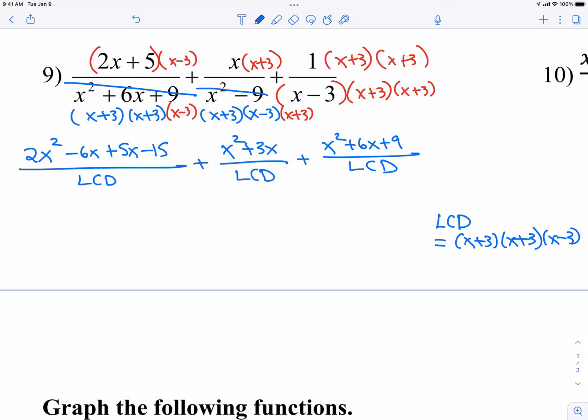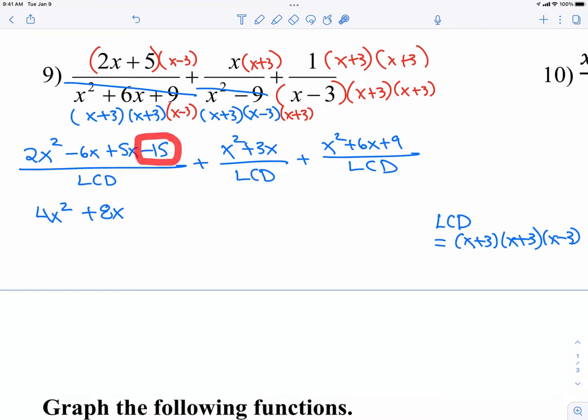Now let's combine like terms. 2x squared plus 1x squared plus 1x squared is 4x squared. Negative 6x plus 5x, that makes negative 1x. And then plus 3x, that's 2x. And then plus another 6, that's 8x. Then we combine the constants.